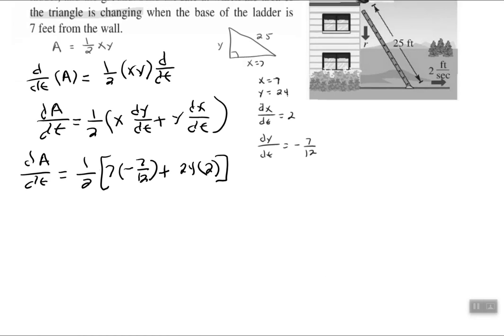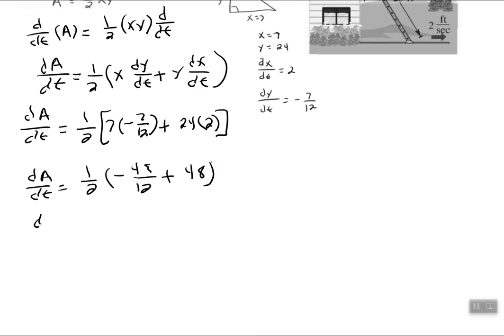Let's calculate. dA dt equals 1/2 times negative 49/12 plus 48. I'm sure you could throw this in your calculator at this point, but let's go ahead and go through it. Let's get a common denominator of 12.